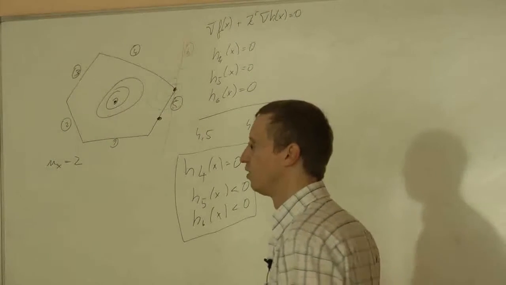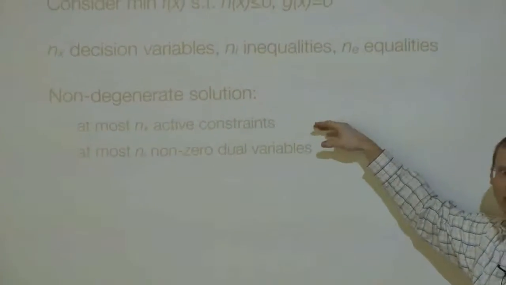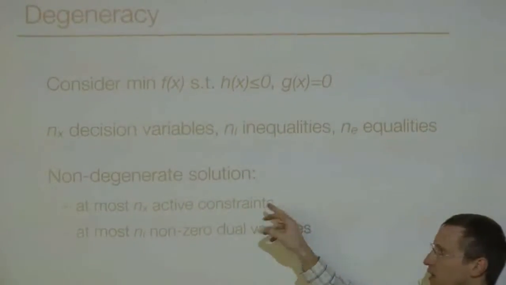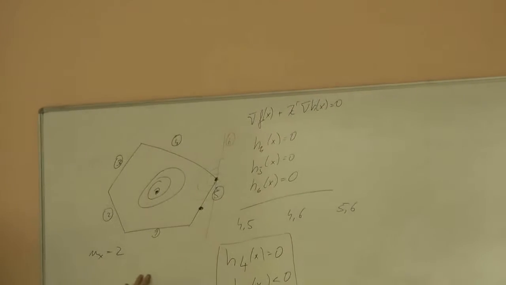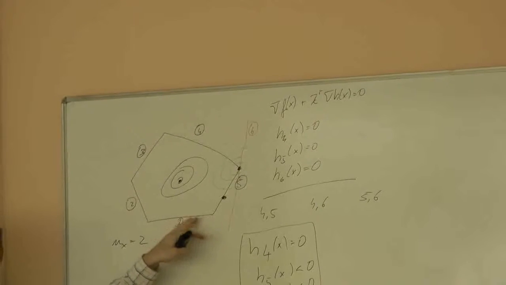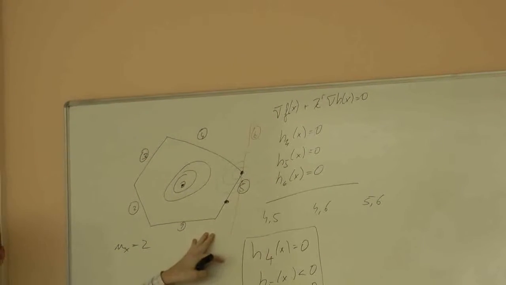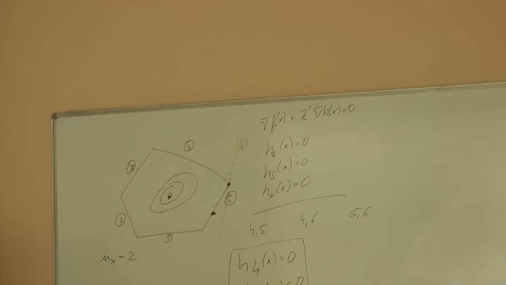Okay? So usually what we have is these non-degenerate solutions. There are as many active constraints as the dimension of the optimization space. However, in this case, we have 3 constraints which are active at the optimum, which is more than the number of decision variables which we need to find.